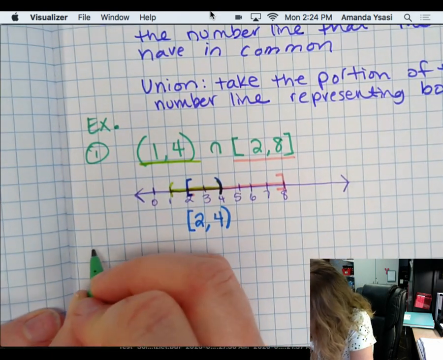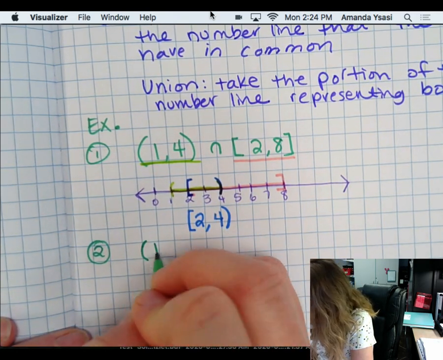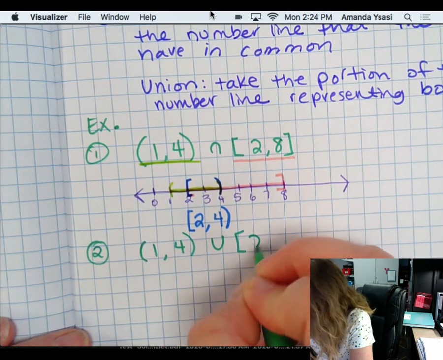Okay, let's do number 2. Now let's do the union of them both. 1, 4, union 2, 8.